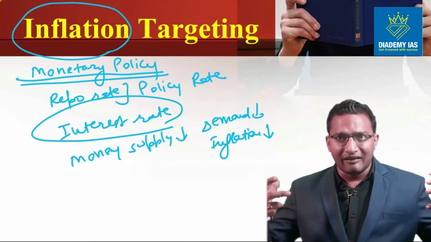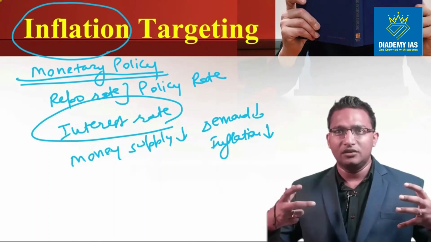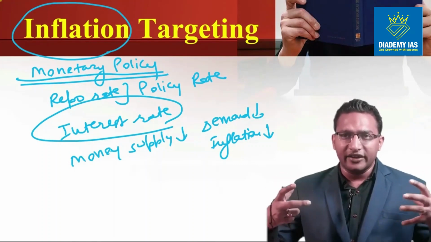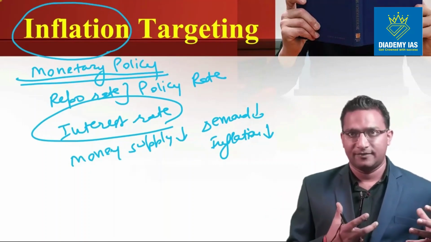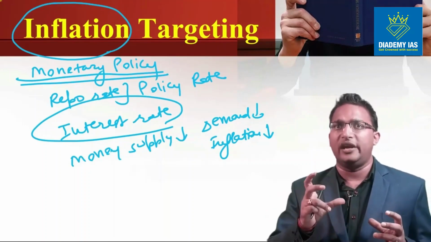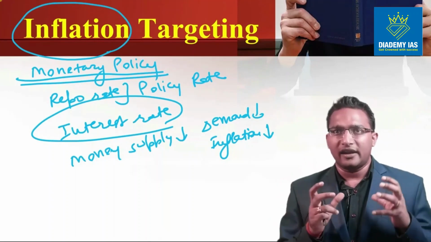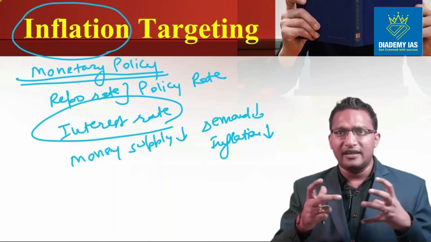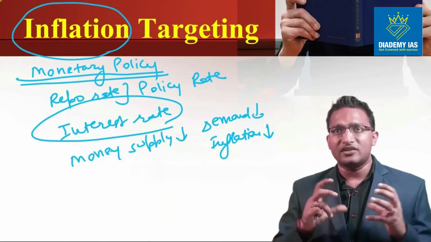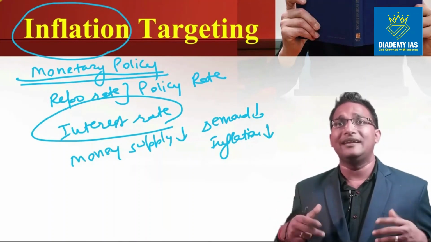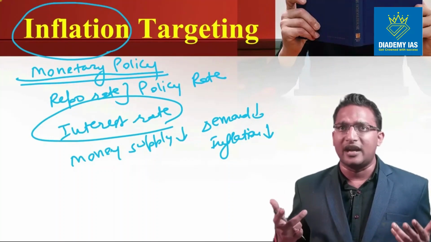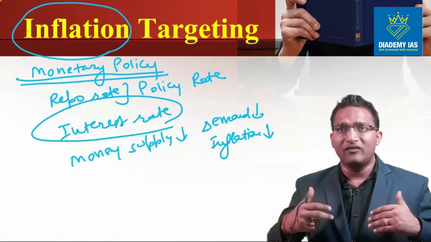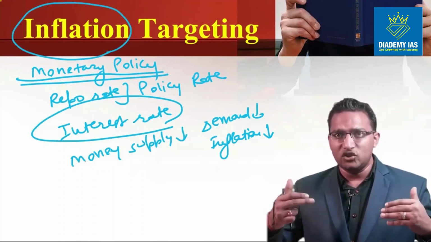There should be some range of inflation, and that range should be maintained through movement of the interest rates. So we should keep the interest rate in such a way that inflation stays in a particular range, and this range is publicly defined. This is publicly announced by the government, by the authorities in advance, right? So the government will announce the inflation range in advance.